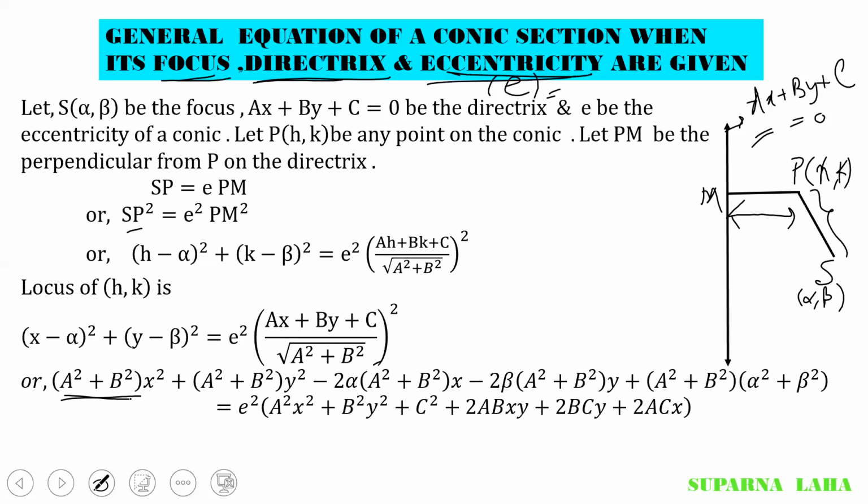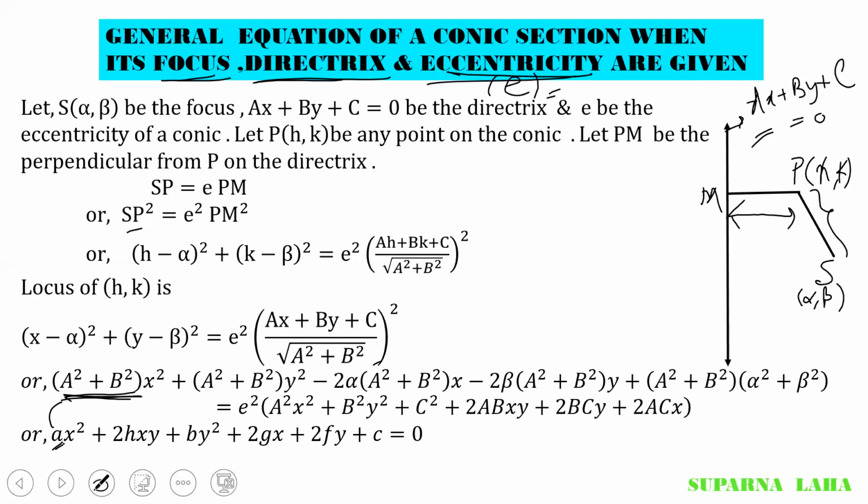Now take all the terms to the left hand side and replace the constants in complex form with the simplest form. So it will look like ax squared plus 2hxy plus by squared plus 2gx plus 2fy plus c equals 0. I'm just replacing the constants in complex form with simple ones. So the coefficient of x squared will be a squared plus b squared minus e squared a squared, and I am representing this by small a.